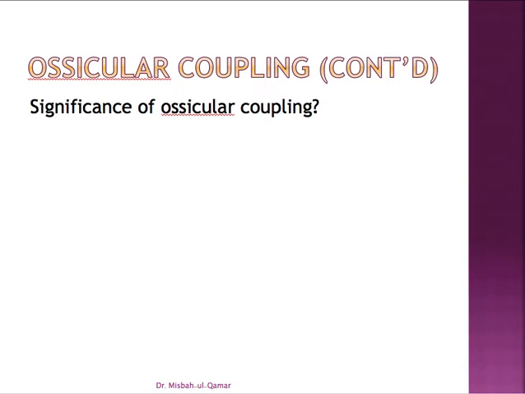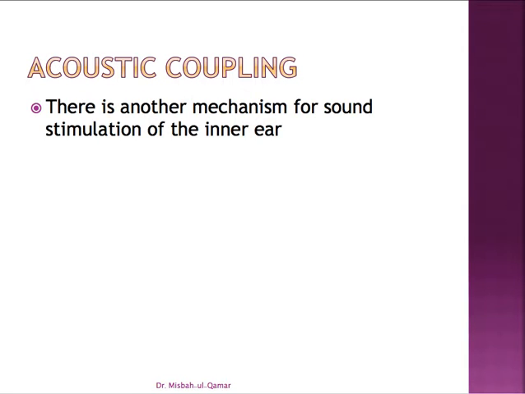Right, and then there is also another mechanism which is called acoustic coupling. This is another mechanism for the sound stimulation of the inner ear, and it is different from auricular coupling because acoustic coupling results from the middle ear's acoustic sound pressure.